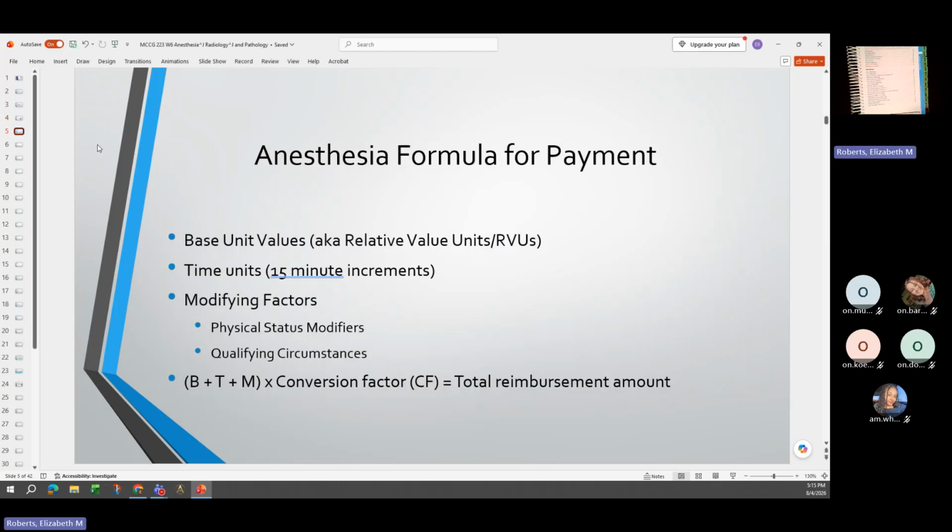So, anesthesia formula for payment. One of the things that's interesting to note is, let's say I'm just going to pick one: 00500, anesthesia for all procedures on esophagus. The surgeon is doing an esophagus procedure, and let's say the surgeon is doing two esophagus procedures today.